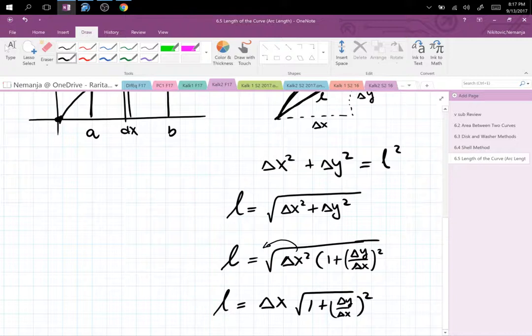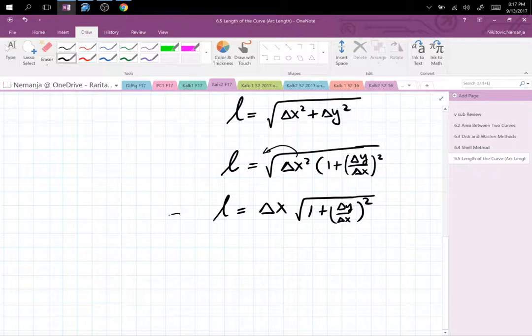Now remember that this L was an approximation. If we make these delta x's infinitely small and we fit infinitely many of them between A and B, we get the standard conversion into an integral, where this delta x becomes dx and this delta y over delta x becomes a regular derivative.